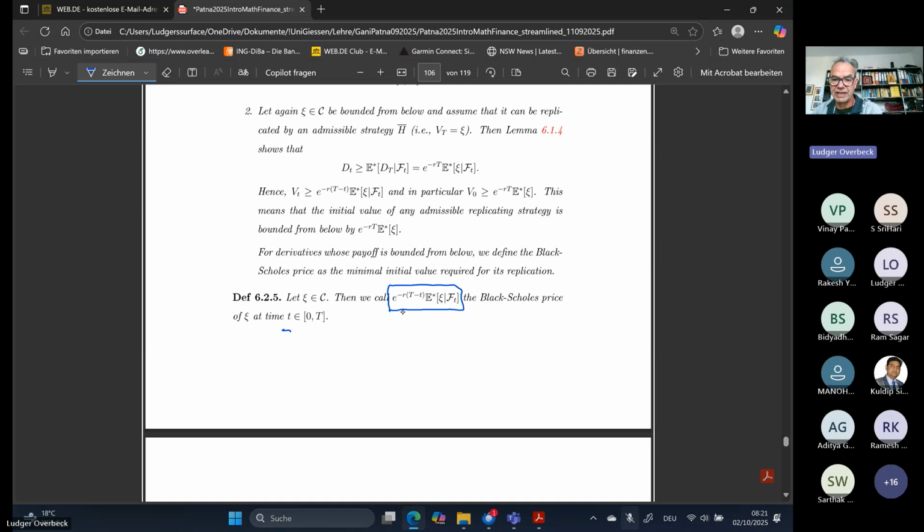That's the price we would charge if we write the option, but of course the price process is the price of the replicating portfolio. Price of option equals value of the replicating portfolio; value and price are more or less the same.